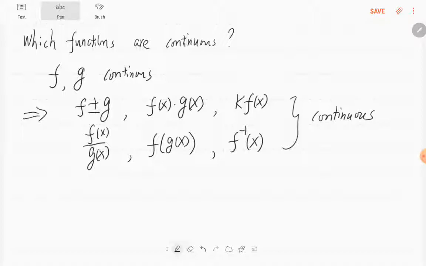So addition, subtraction, multiplication, constant or scalar multiplication, division, composite, or inverse: these operations will make a function still a continuous function on its domain. You should be careful, it should be on the domain, okay?